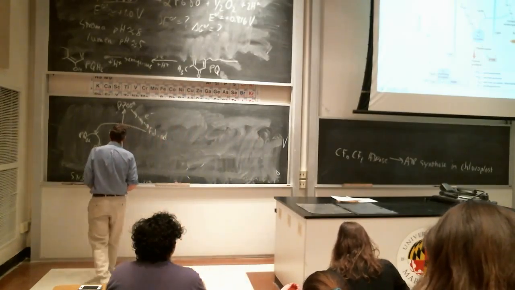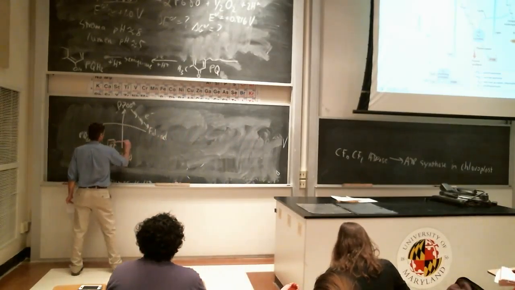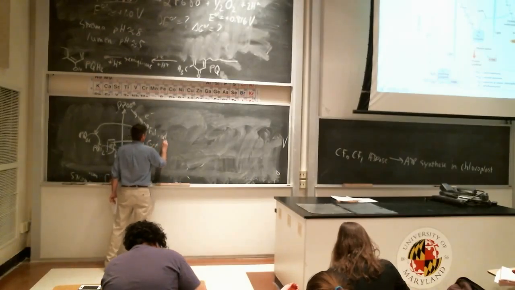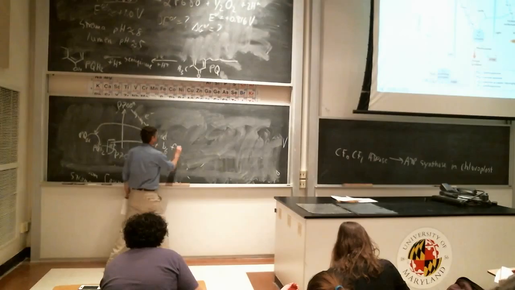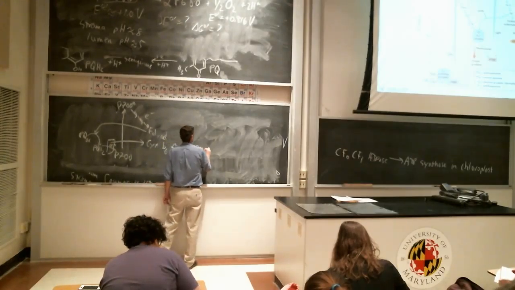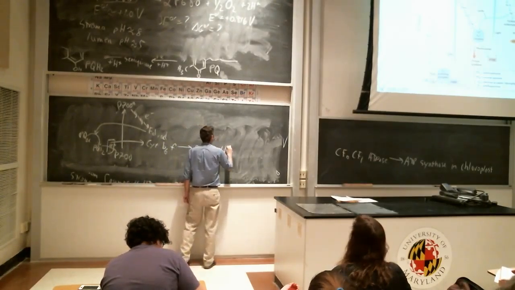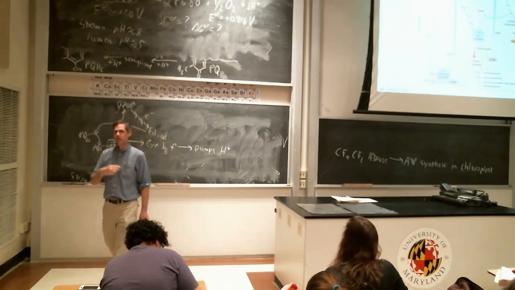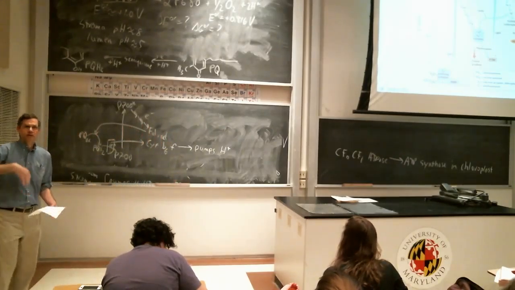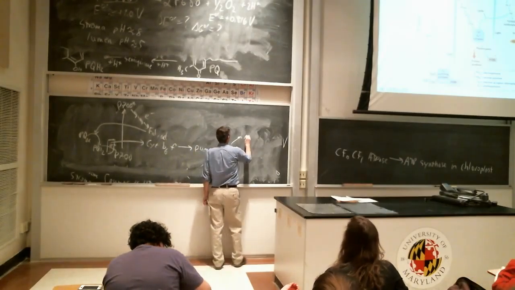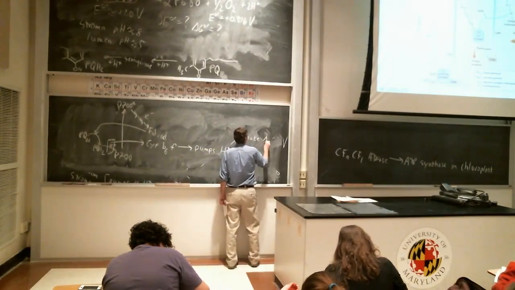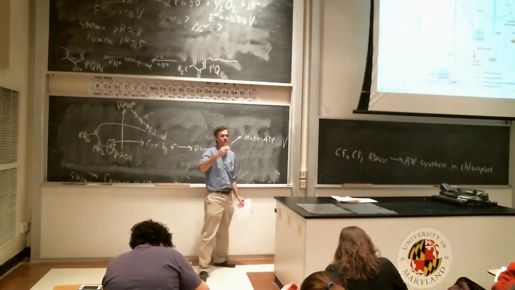So cytochrome b6f is involved in cyclic electron flow, and cytochrome b6f pumps protons. So cyclic electron flow is a way for the plant to make ATP, because the protons get pumped, so you get a proton concentration gradient.